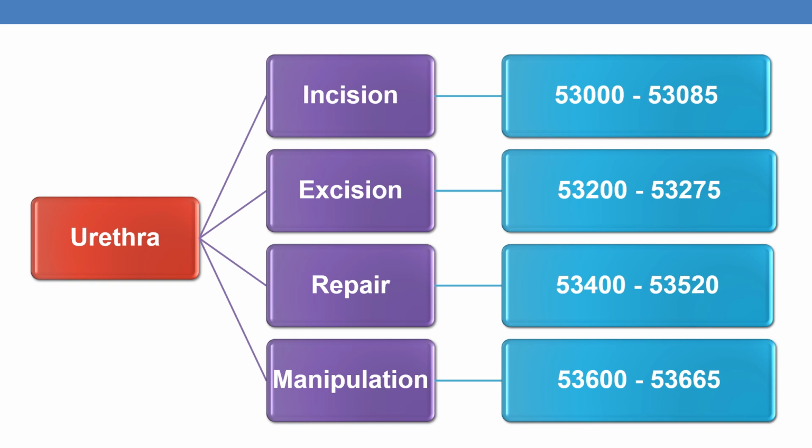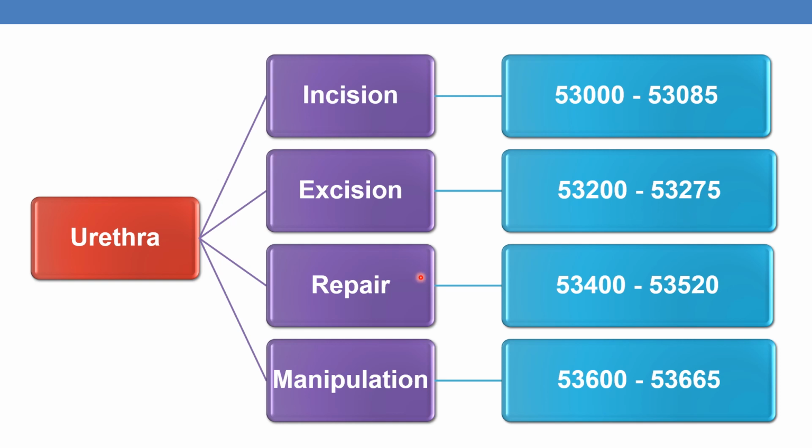Urethra is again divided into incision, excision, repair and manipulation. Coming to the CPT range for incision, it is 53000 to 53085. Excision is in the range 53200 to 53275.